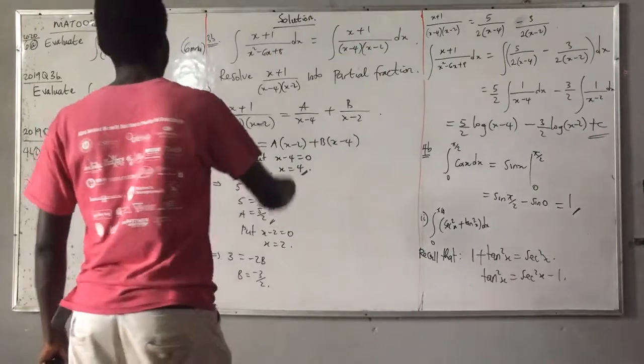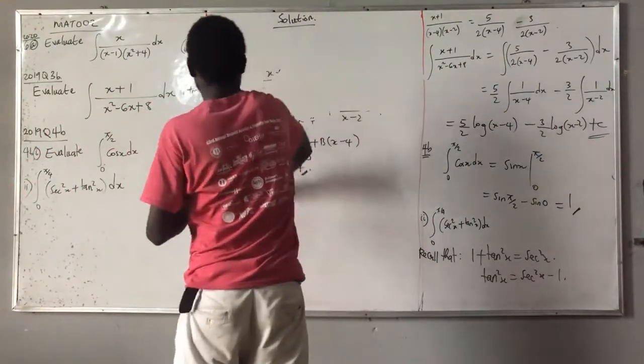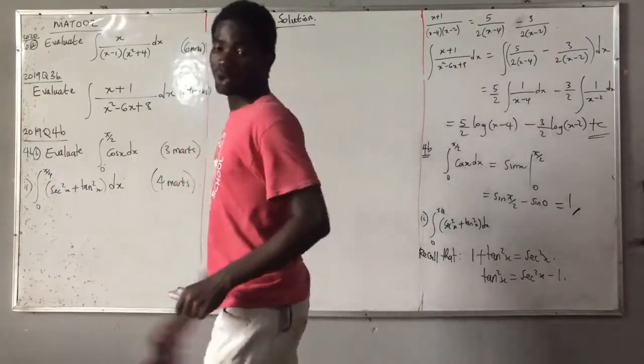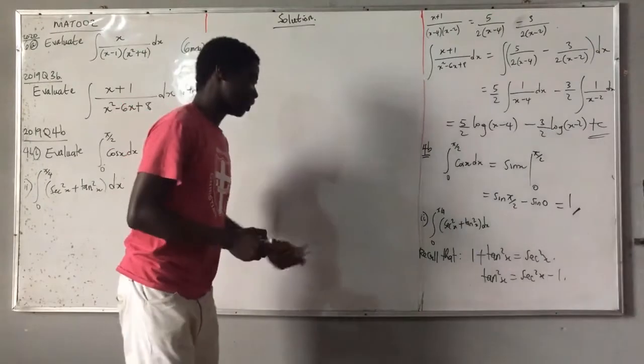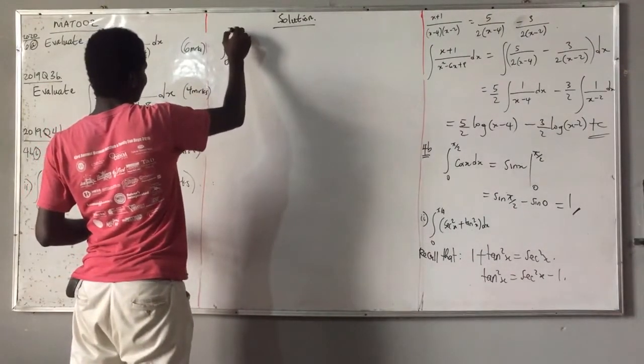So what will happen to that is that this one will now become the integral from 0 to pi over 4.